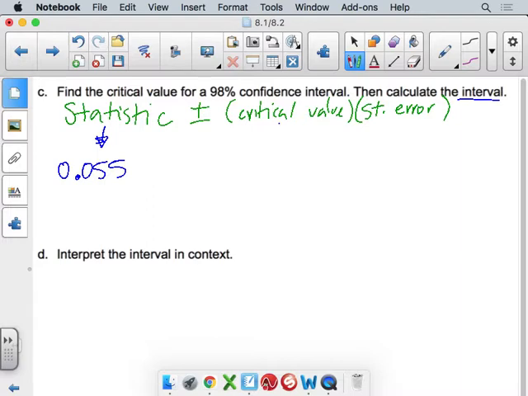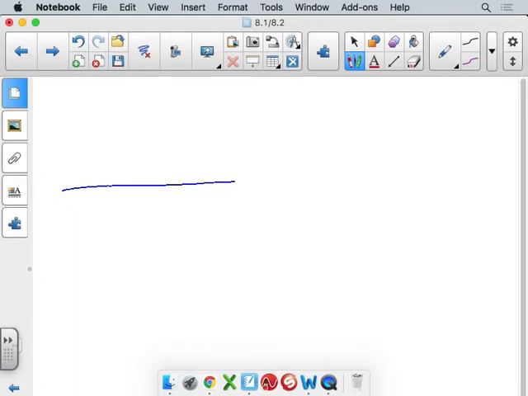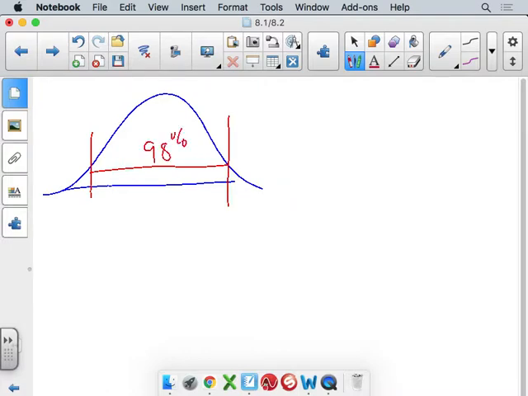All right, our critical value is our z-score. Let me do this on a separate page. We're wanting to do it for a 98% confidence interval. We're looking for what z-score is right there. The z-score table we use goes all the way less than.